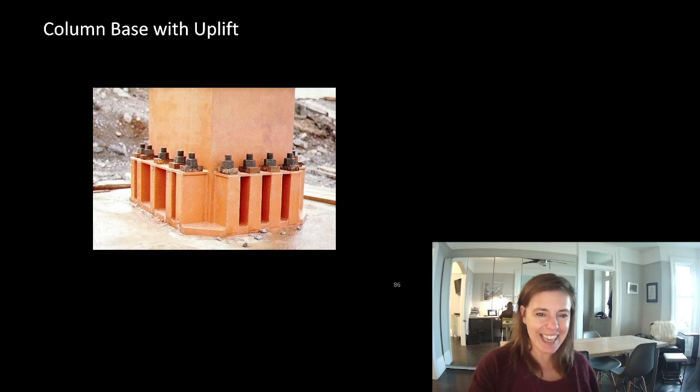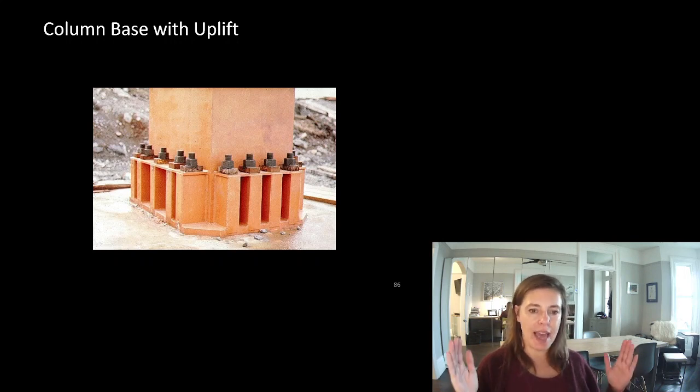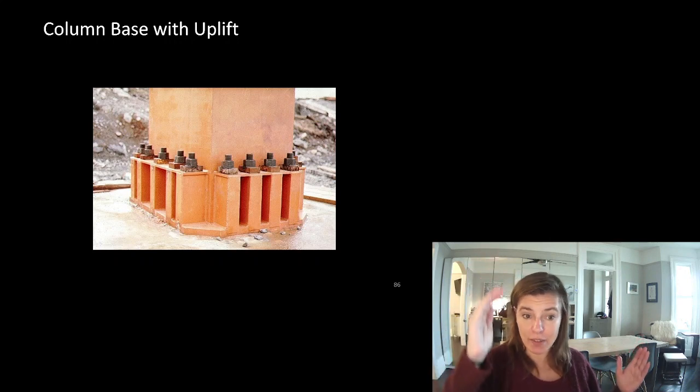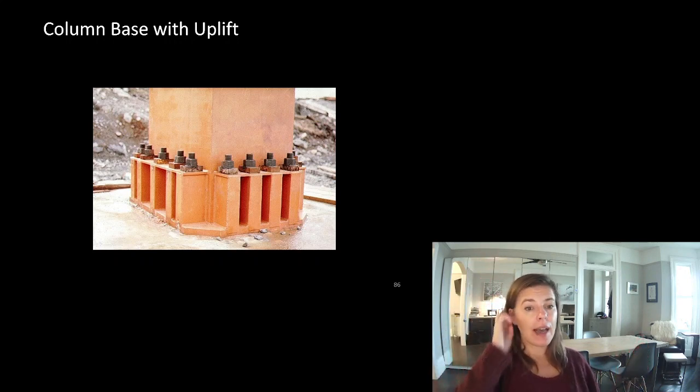Architects hate seeing it. Engineers hate designing it. But it happens at the ends of brace frames, at the back spans of cantilever beams. You can have it due to cables in projects. So it is a condition that we have to deal with, usually in lighter projects that have lots of lateral load.